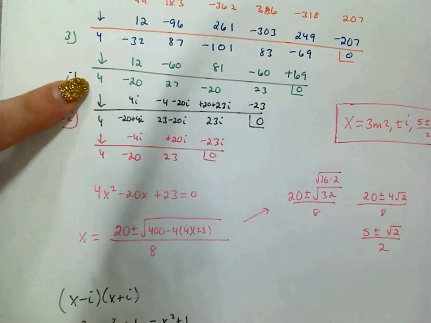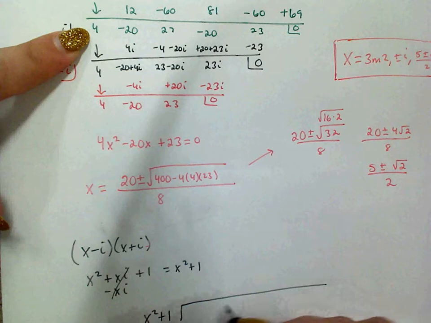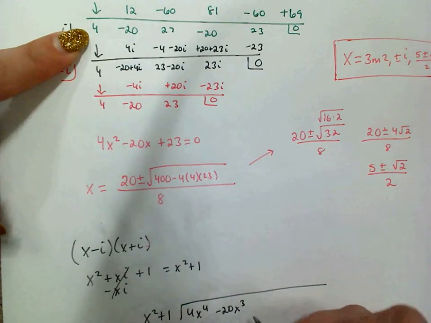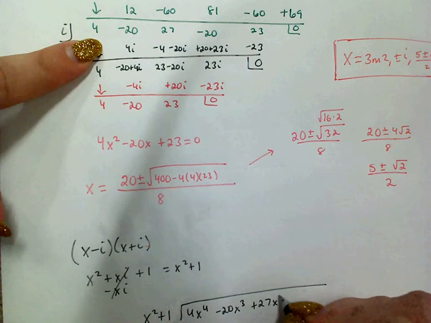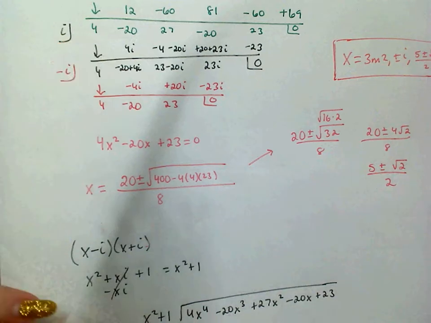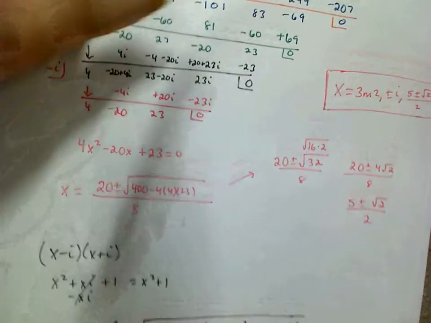So 4x to the 4th minus 20x cubed plus 27x squared minus 20x plus 23. So I asked myself what I got to multiply x squared by to get 4x to the 4th. And that is 4x squared.